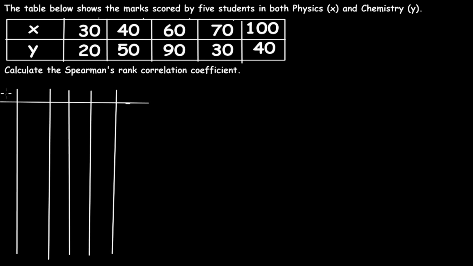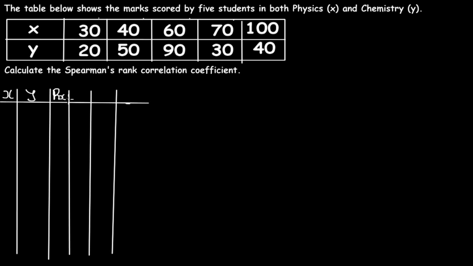Let the first column be the value of x, which corresponds to the subject physics. The next column, let it be y, which corresponds to chemistry. Now, the rank of the scores in physics, let's represent that with r subscript x. Some textbooks will use r subscript 1.